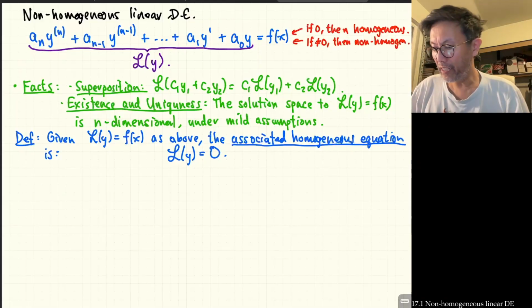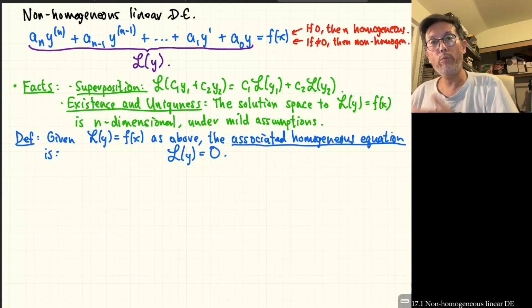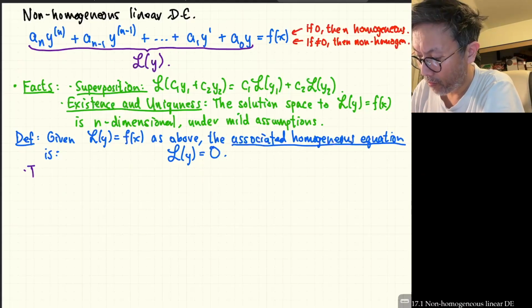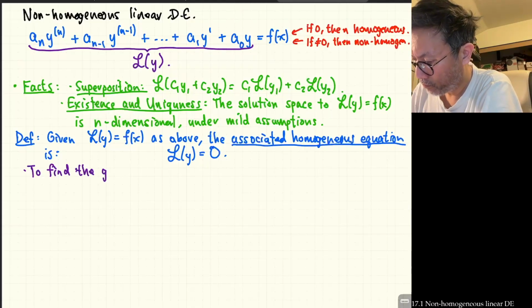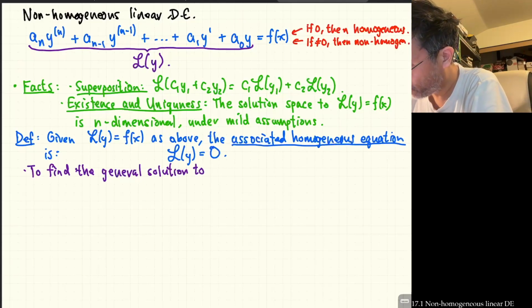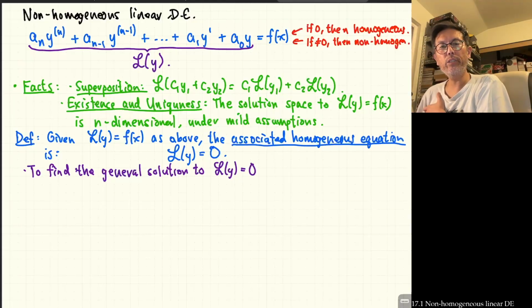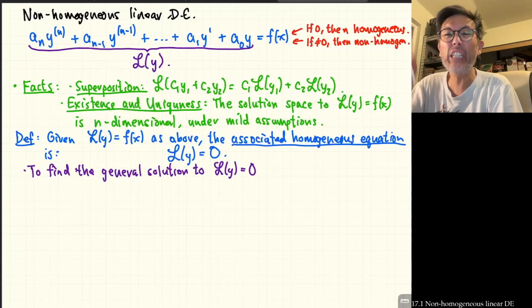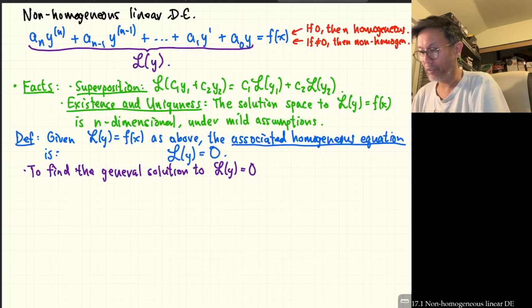And here the idea is that to find the general solution in the homogeneous case, what we do is we hunt down n linearly independent solutions.